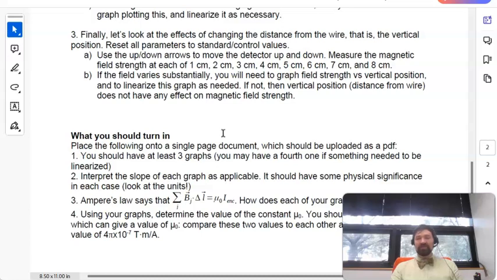Now, we've done this a few times before, so I'm not really going to go into the details of how to linearize a graph or what that means.